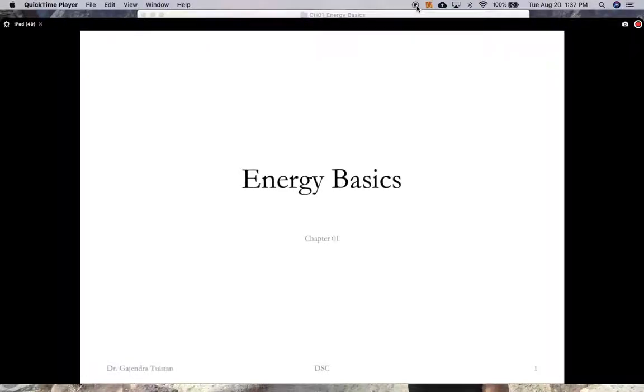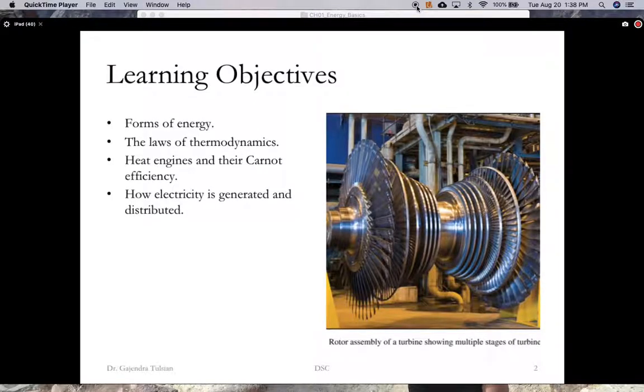So in this chapter, in this course, we'll study the basics of energy and the consequence of where we get our energy from. And so in this chapter, we'll start off with energy basics and some of the physics principles involved in it. All right, so we'll talk about the various forms of energies that we encounter.